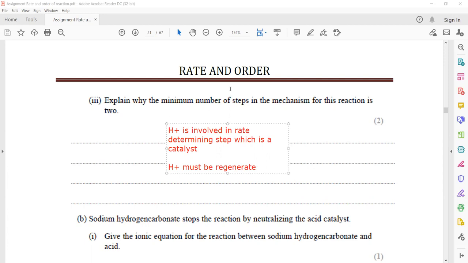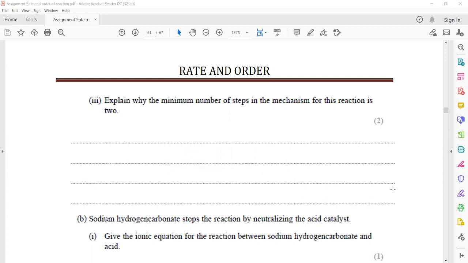So first hydrogen ion is used up, reacted, and then it must be regenerated as it is a catalyst. So it will be a two-step reaction or multiple step reaction, not a single step.